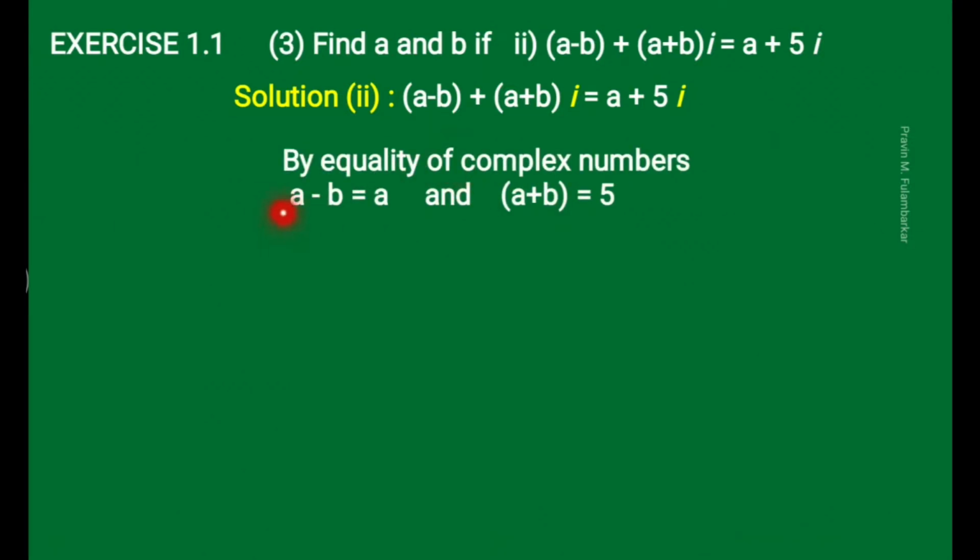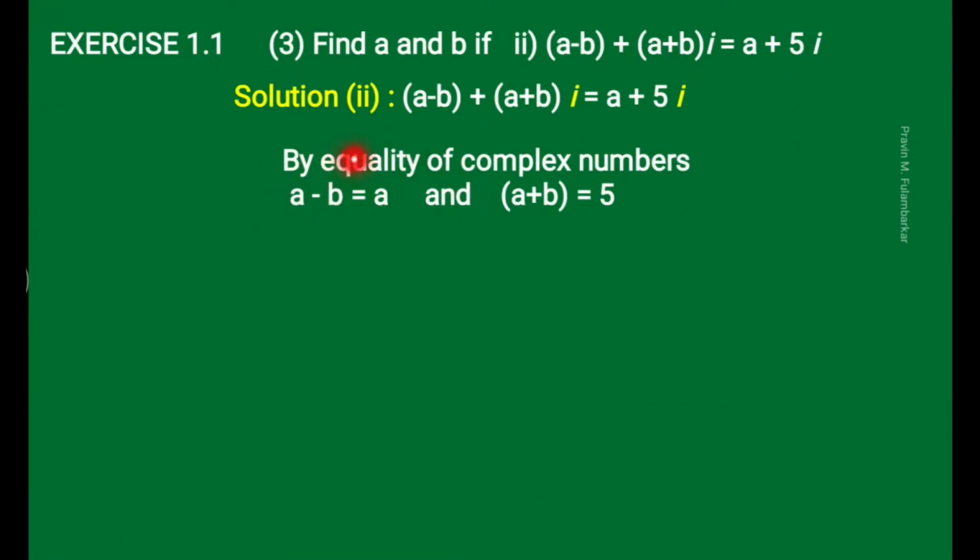By equality of complex numbers, this a minus b is the real part, and in the RHS a is the real part, so we equate a minus b with a, and a plus b is the imaginary part, and in the RHS the imaginary part is 5, so we equate a plus b with 5.